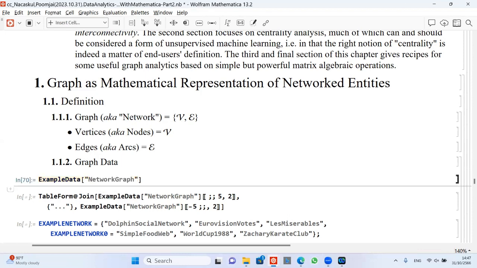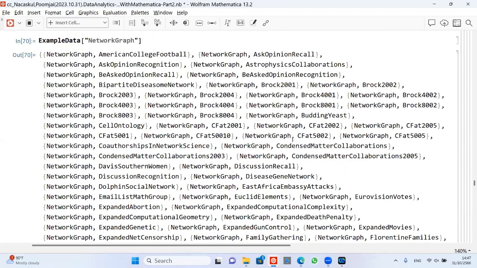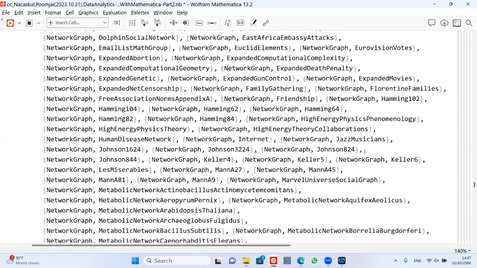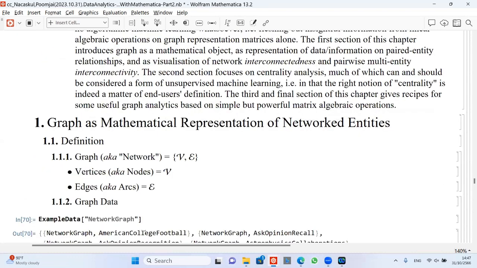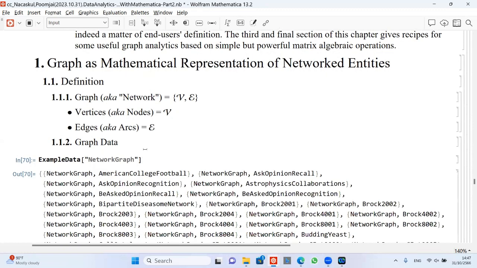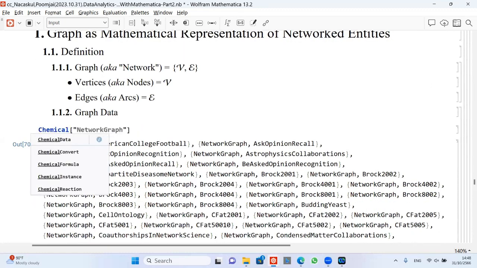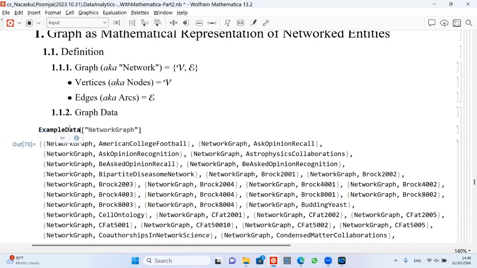There are so many of them because a lot of these are chemical definitions, which atom is connected with which atom. You guys remember that chemical data? Okay, we're going to do just network graph only.